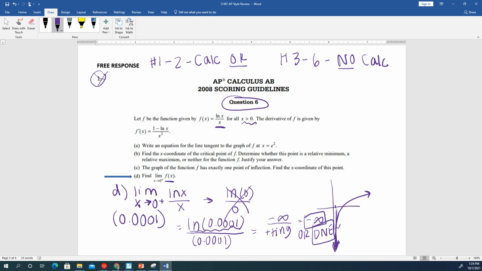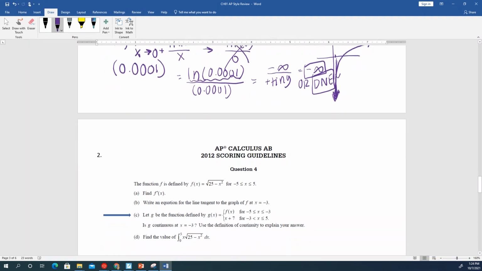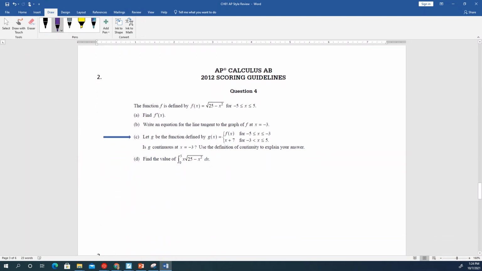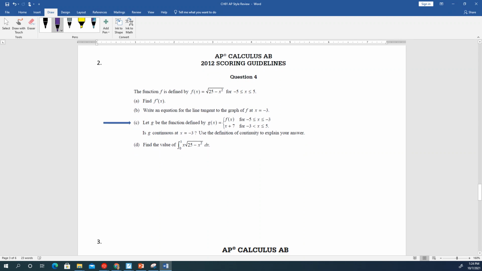This next one is a continuity one from the 2012 exam, question 4. This would have been on a no calculator portion.